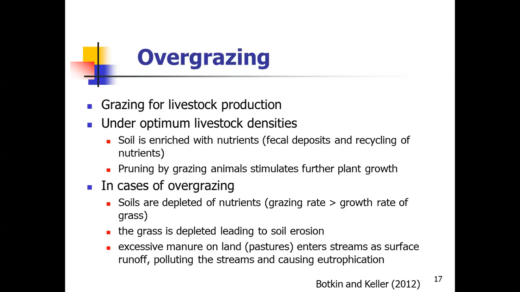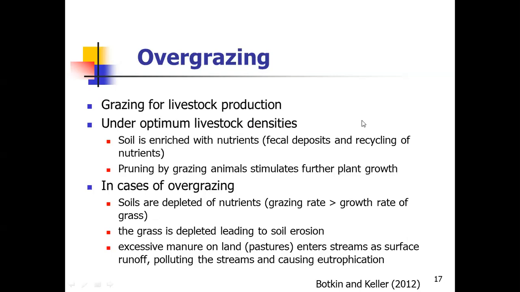Under optimum livestock densities, remember one more thing. I think I mentioned this in another topic, under ecology. For any particular area, let's take 1 square kilometer, assume that it's pasture land. Under pasture land, you have a particular optimal livestock density.